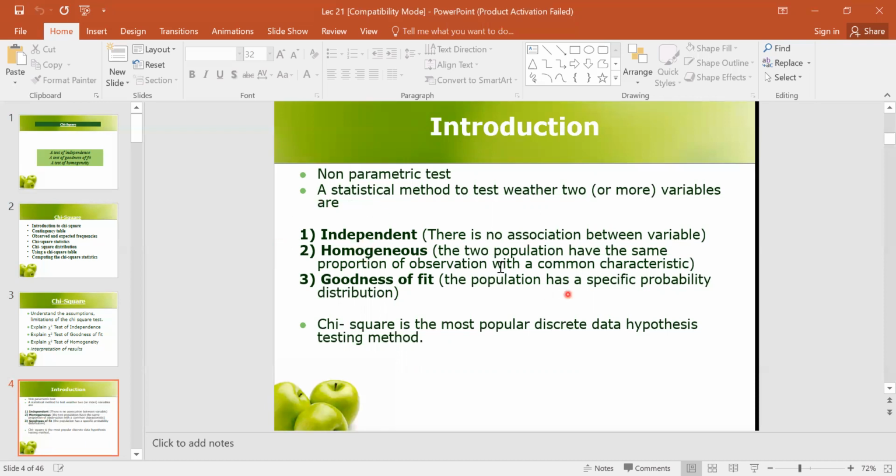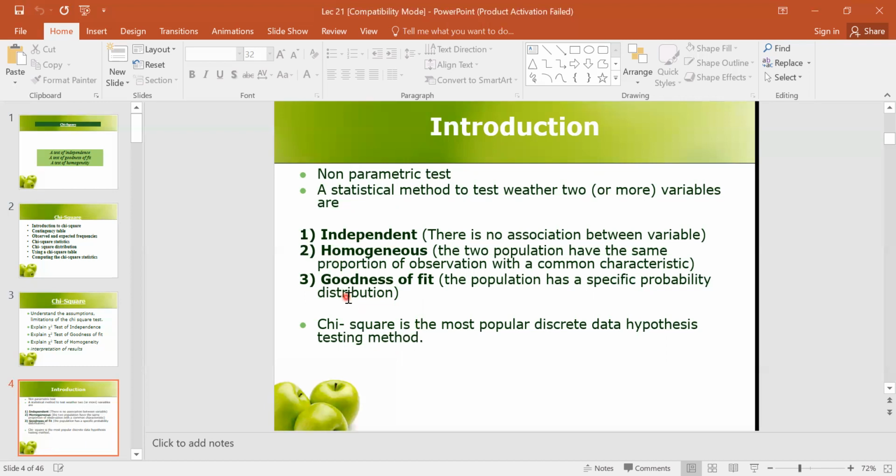And if our interest is to check whether two populations come from the same variance or belong to the same proportion of variance, then we choose the test of homogeneity.